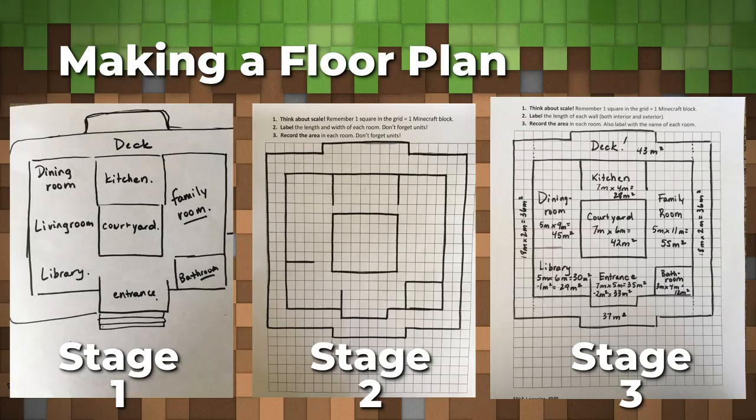You're going to be narrowing it down to a few that you want to start with on your first floor, because we're just going to be dealing with the first floor today. Once you make an outline in stage 1 about where you want your rooms to be and the configuration of your house, then you're moving on to stage 2, where you get to imagine the Minecraft grid that you're going to be building this floor plan on.